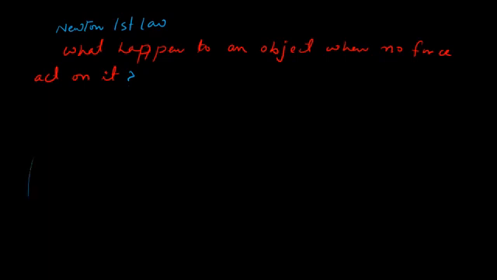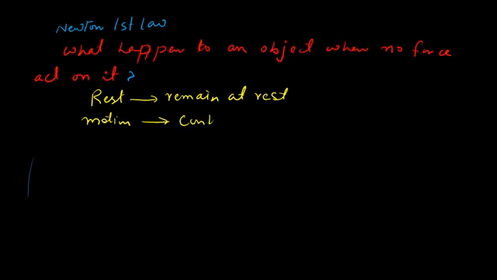The answer to this question was that if the object is at rest, it will remain at rest, and if it is in motion, then it will continue its motion with constant velocity.